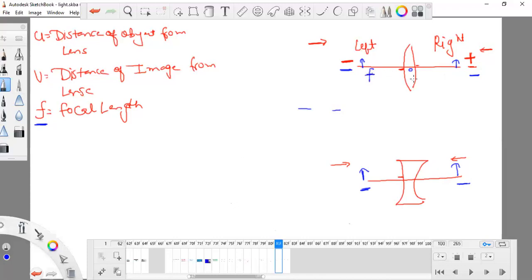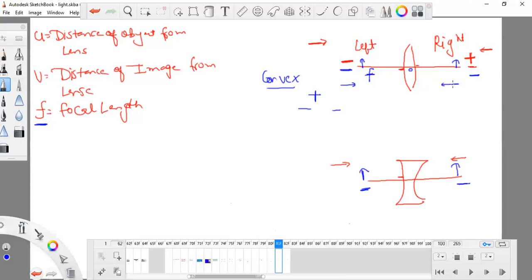Now remember this concept: the focal length for a convex lens is always plus, whether you take it from the left side or from the right side.